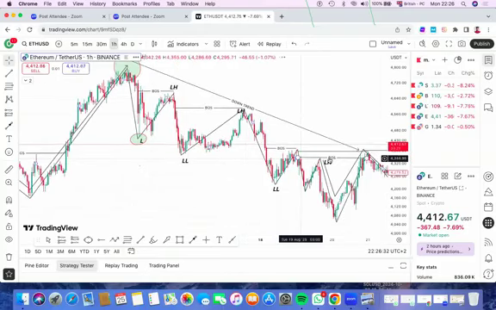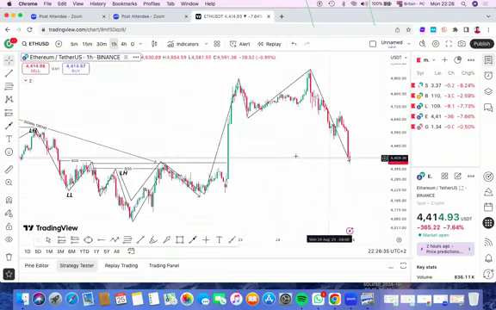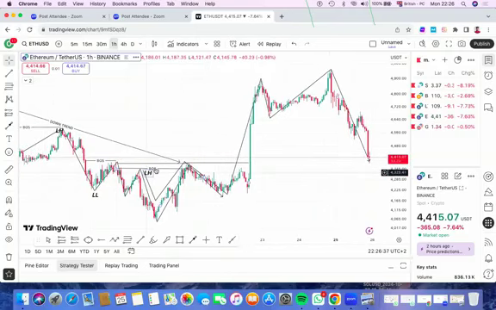Look at this. So we have this down block, this, and this one. Just this one candlestick now broke all of this all the way upside. You can imagine.